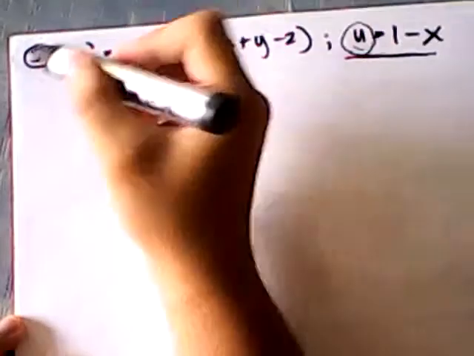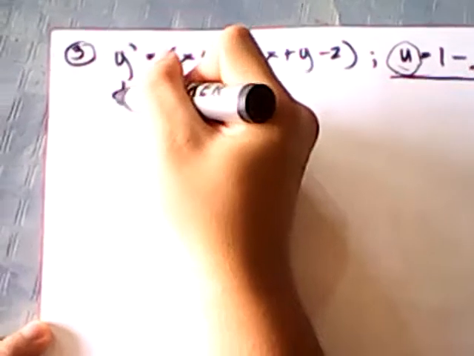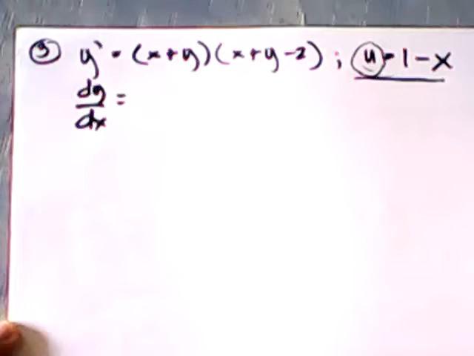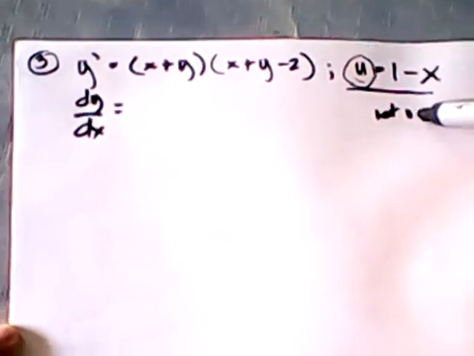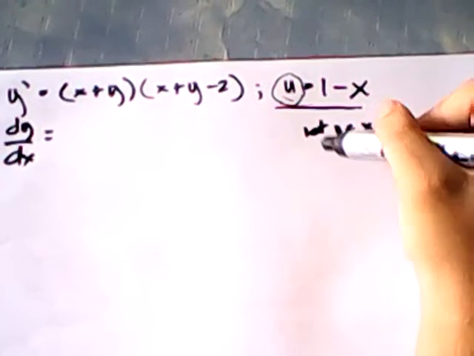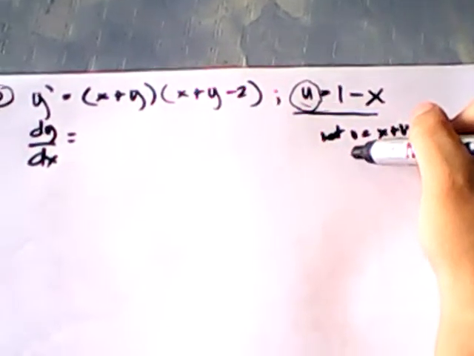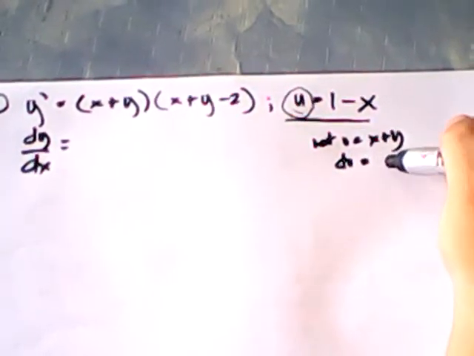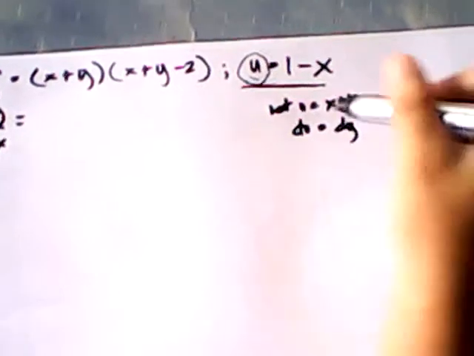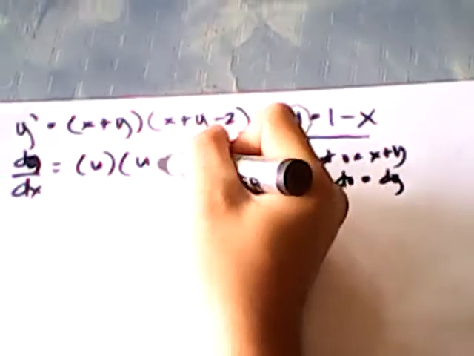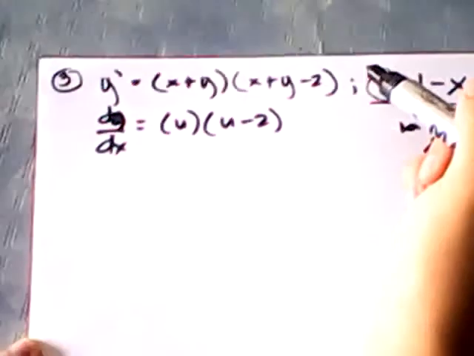You can transform this into dy dx is equal to, you can let u is equal to x plus y, and du is equal to dy. So this is du, sorry, and this is u times u minus 2.